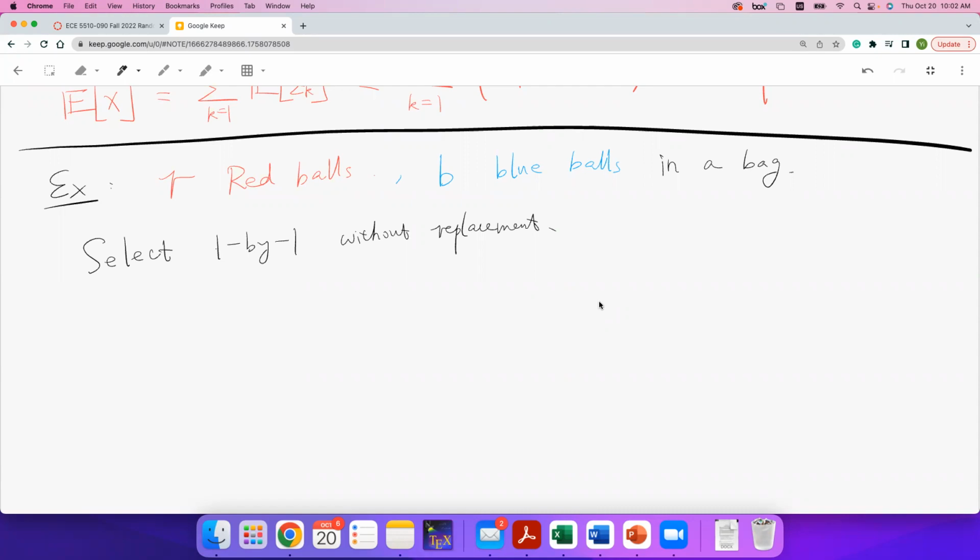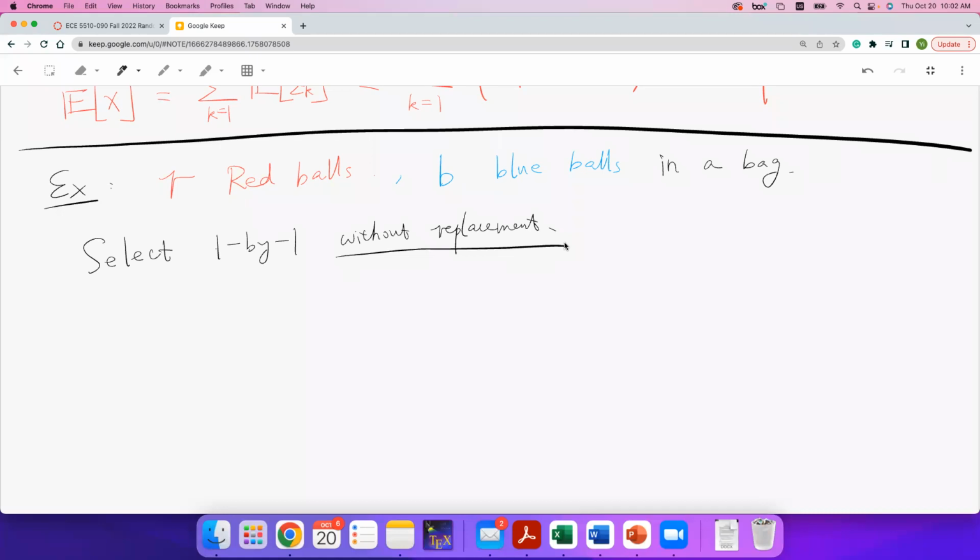So intuitively, when we sample without replacement, the following trials depend on the previous ones, because you do not put them back. Depending on which balls you drew in the previous trials, the probability that you draw different balls in the follow-up trials would be different. So this sampling is more difficult to analyze.